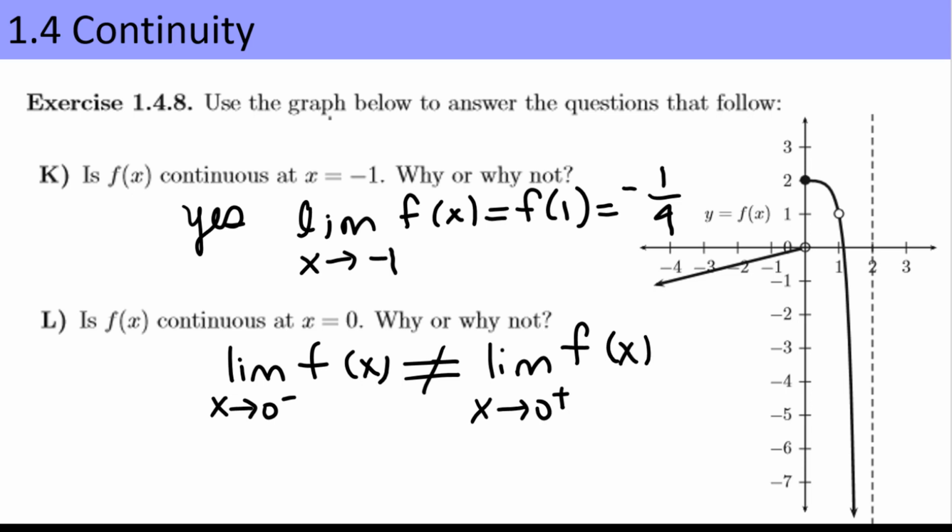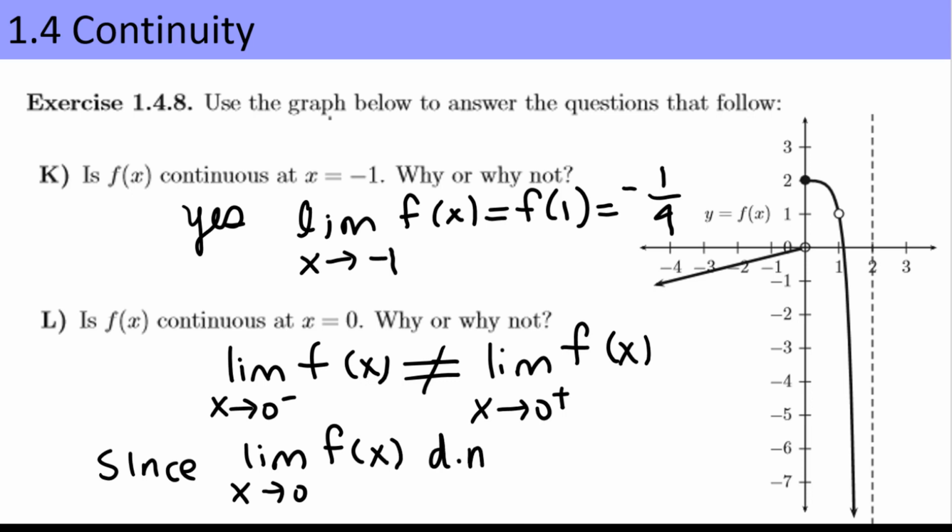Since the limit as x approaches 0 of f of x does not exist, it is not continuous. Let's continue.